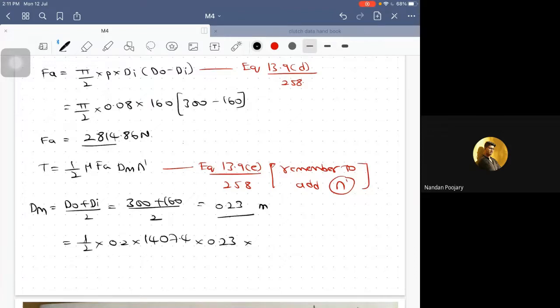And the Fa value is, okay, I need to change Fa here. It is 2814.86 cross 0.23. So what is the value of torque? The final value.